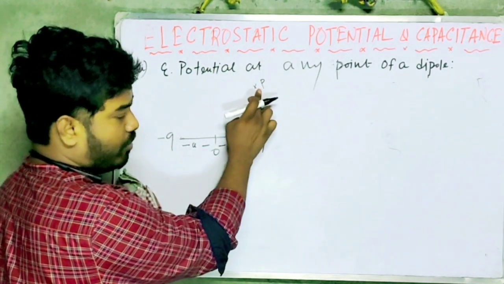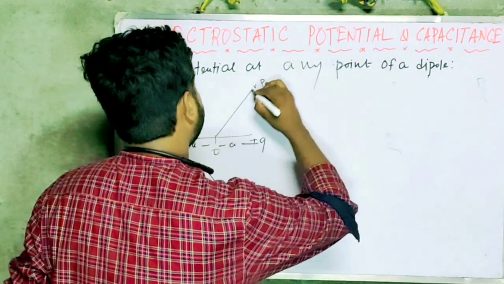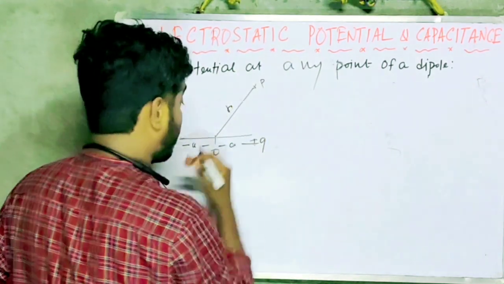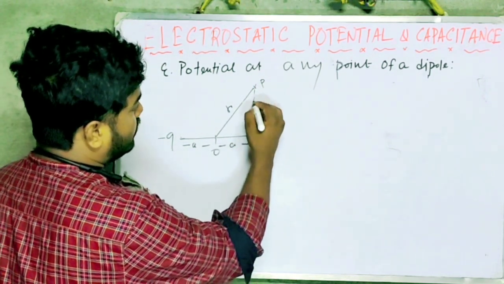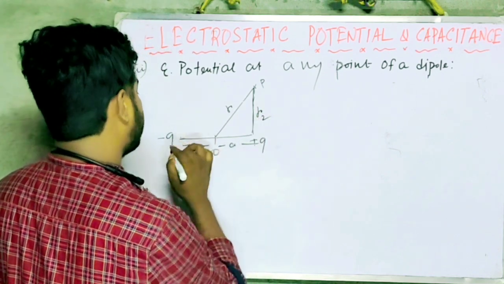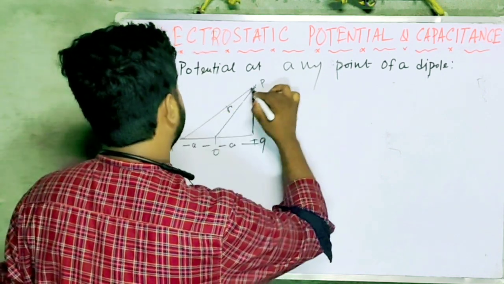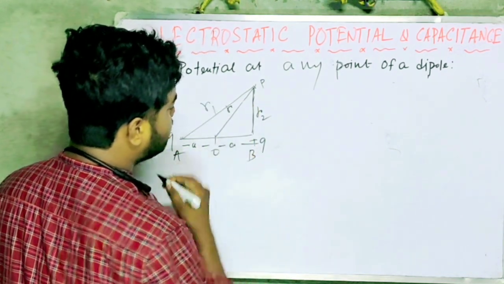This is not an axial point, this is not an equatorial point. This point is separated from the origin O by R, from plus Q this separation is suppose R2, and from minus Q this separation is suppose R1. This is point A and this is point B.